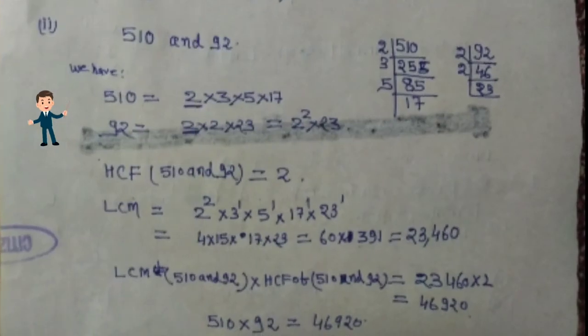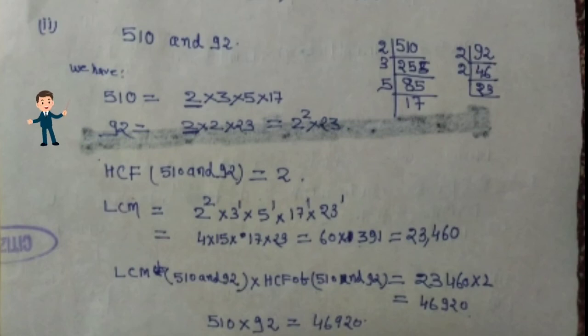Again, question number 2, 510 and 92. So the prime factors of 510 are given, and of 92 are also given. Now HCF of 510 and 92 is equal to 2. LCM is equal to 23,460. Now LCM of 510 and 92 into HCF of 510 and 92 is equal to this, and 510 into 92 is equal to 46,920.